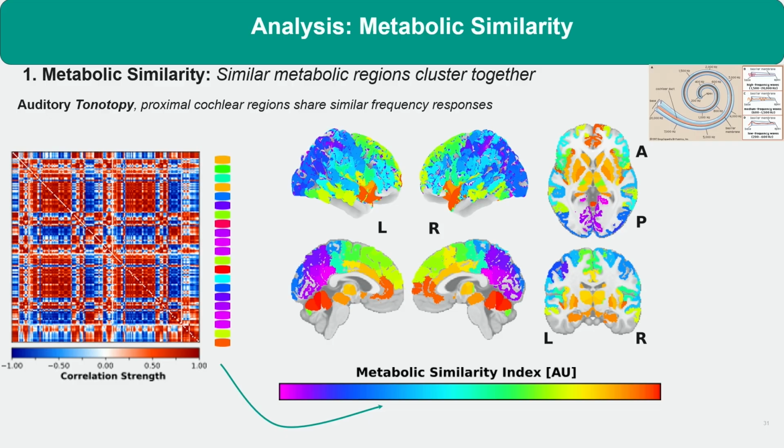Both hemispheres are completely homotopical. They are symmetrical. The lateral part is very similar to the other lateral part, so they are distant from each other, but still they maintain the same metabolic profile. Also, the occipital lobe and the cerebellum are lying right next to each other, but they are completely different from each other, so there is no point spread function, no blurring of the scanner going on here.